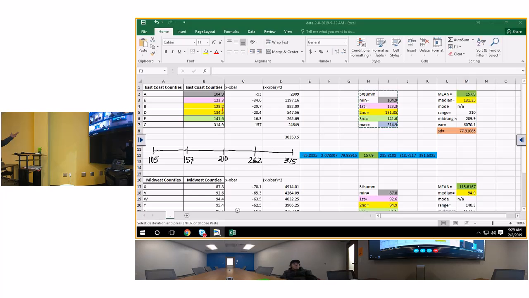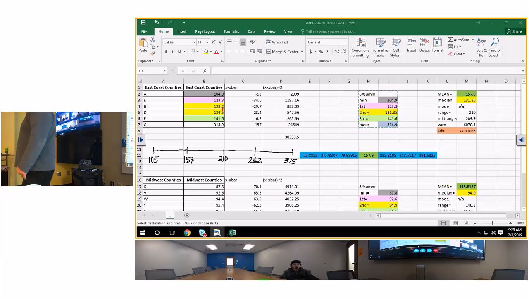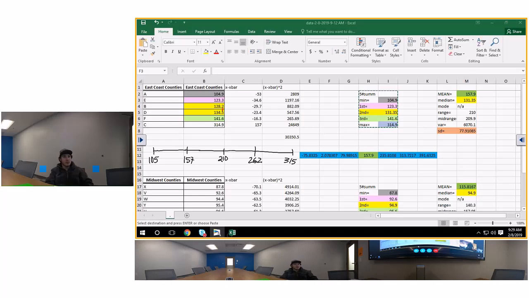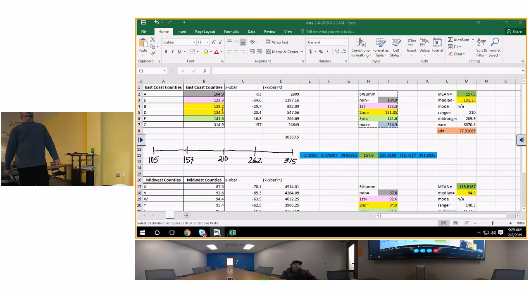Y'all check my math. You said 565? Take 210 plus 315. What do you get? 525. Divide that by 2. 262.5.